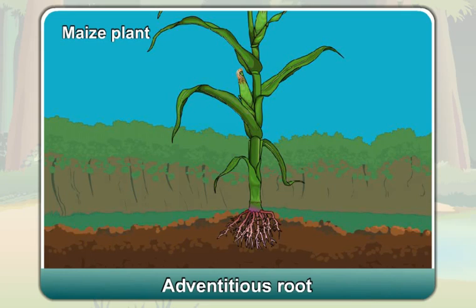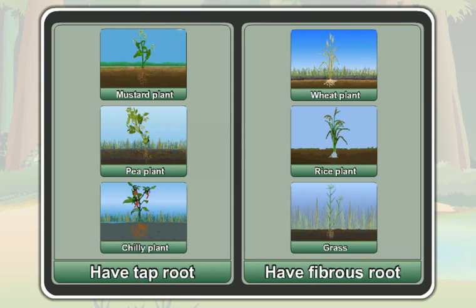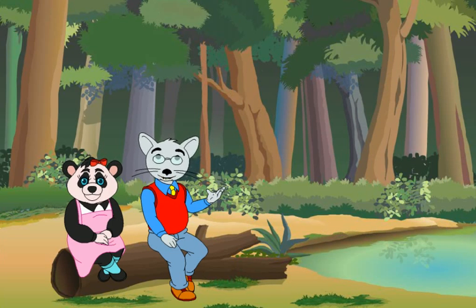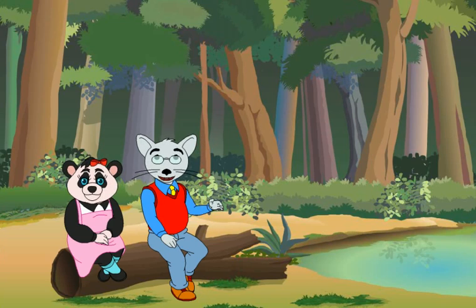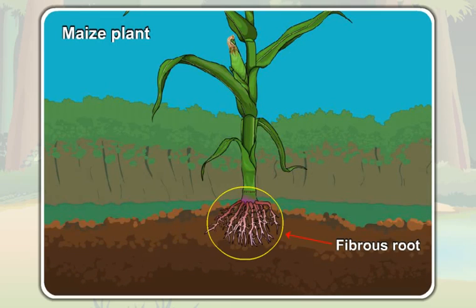Students, you have now understood that some plants have the tap root and some plants have the fibrous root. Now let us talk about the differences between the tap root and the fibrous root. The tap root has a thick main root, but a fibrous root does not have the main root.